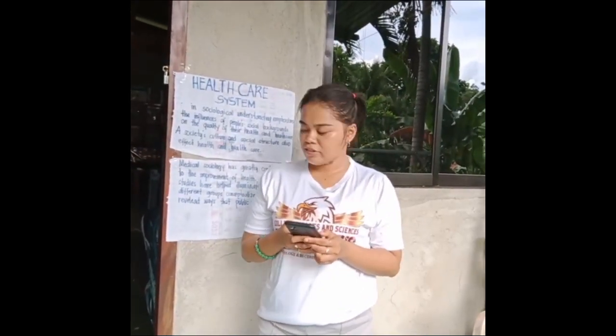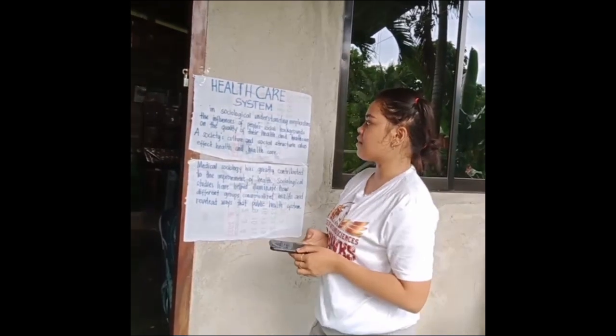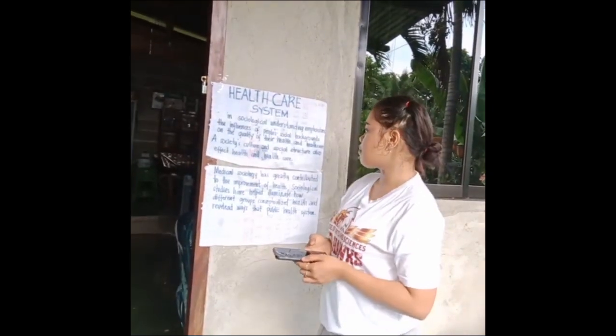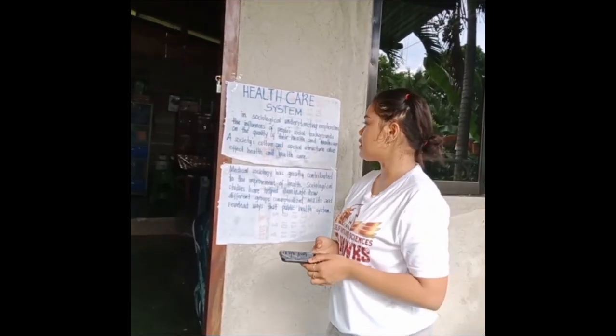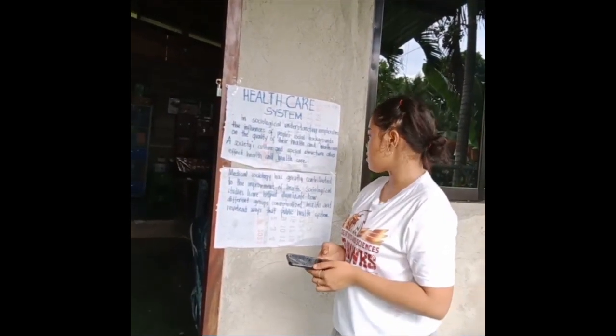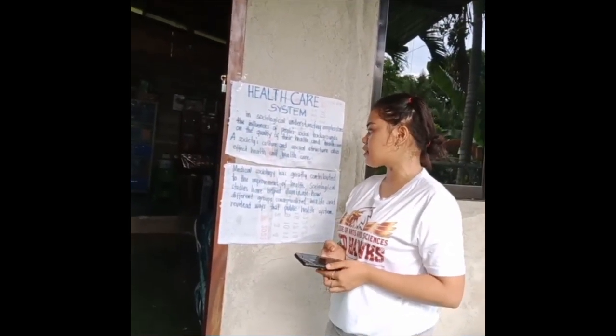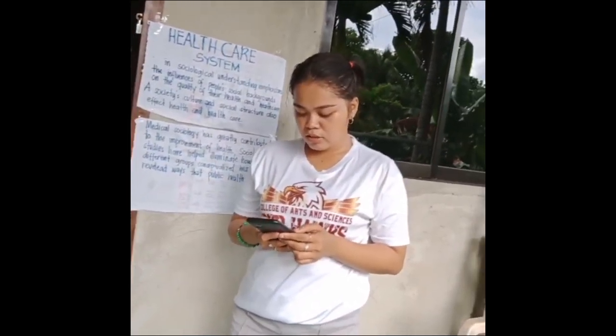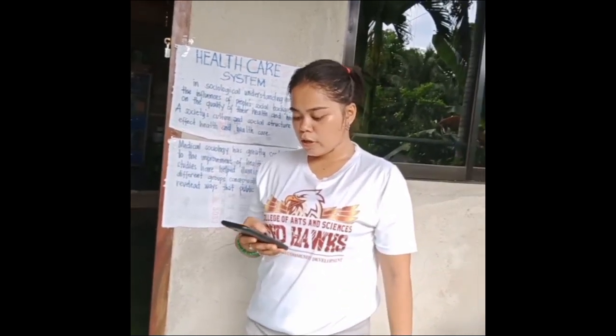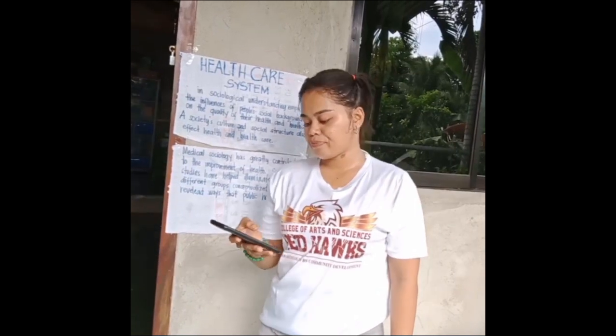My topic is healthcare system. In sociology, understanding emphasizes the influence of people and social backgrounds on the quality of their health and healthcare. A society's culture and social structure also affect health and healthcare. An example of social healthcare is to explore how different groups in society view healing practices and illness, or it can examine social institutions like the healthcare system.